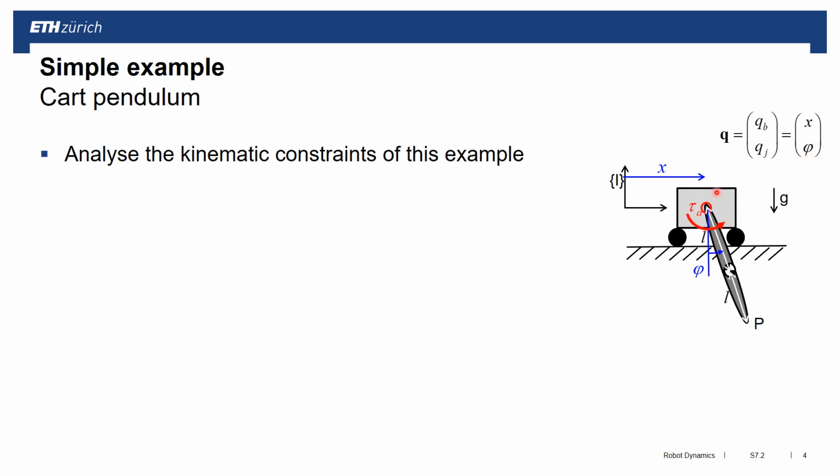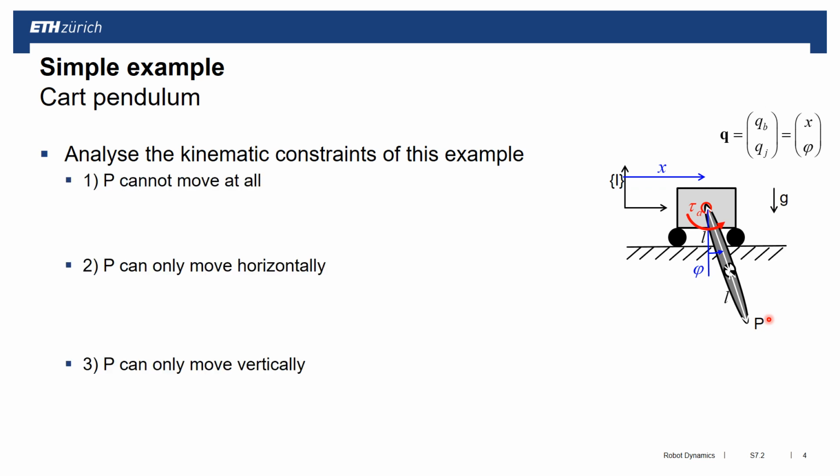Then we have 1 actuator which is actuating this joint coordinate phi. What we have to do is analyze the kinematic constraint of this example. We're looking at 3 different scenarios. First, that this point P here cannot move at all. Second, that P can only move horizontally. And third, that P can only move vertically.